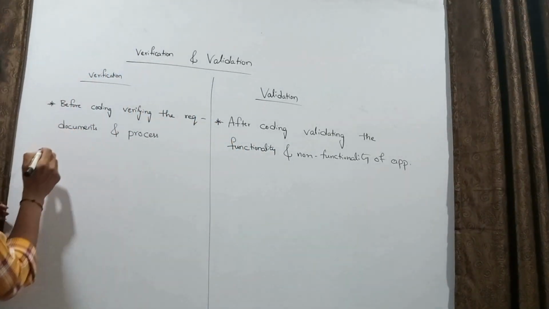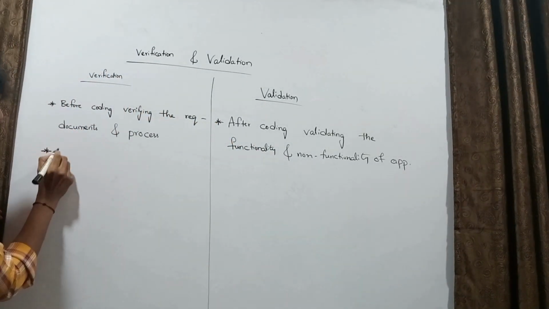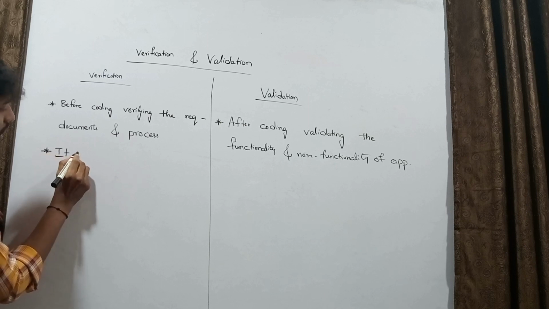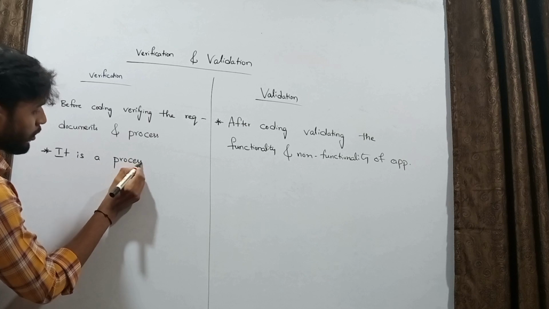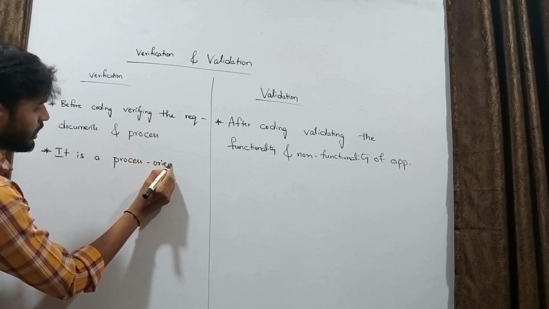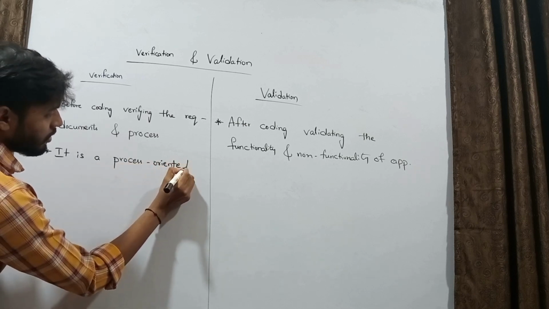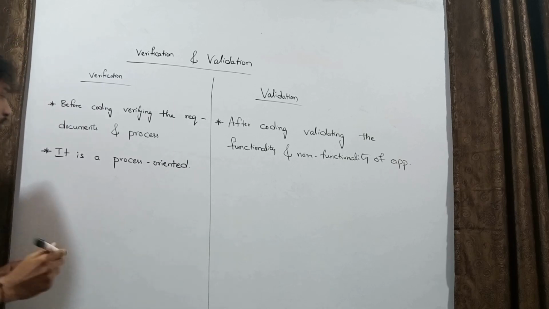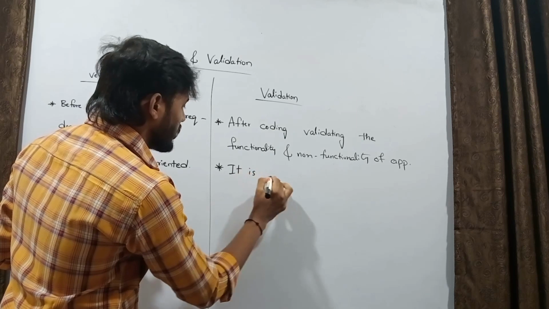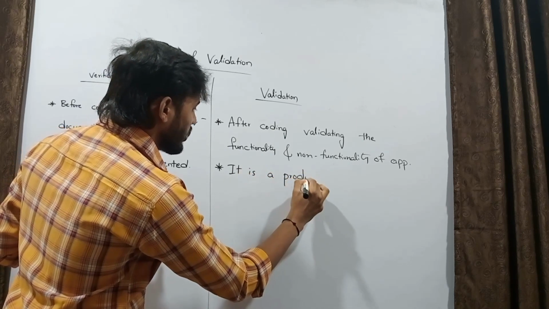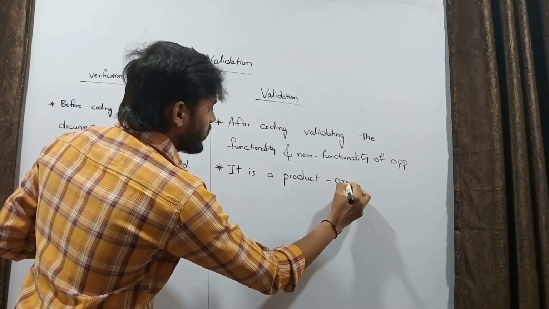Now coming to the second point: verification is process oriented, and validation is product oriented.